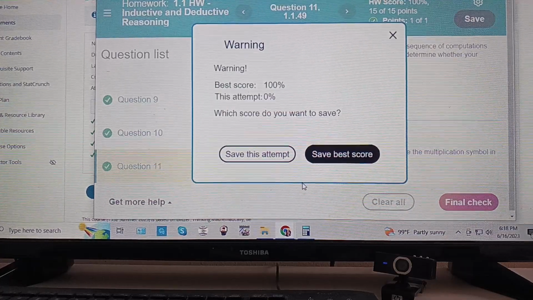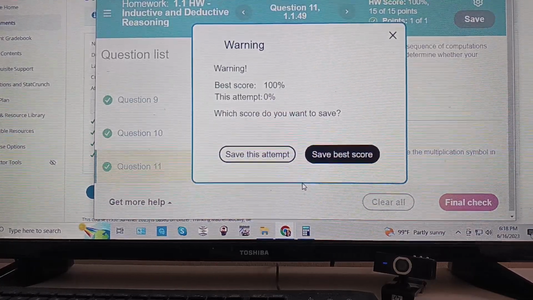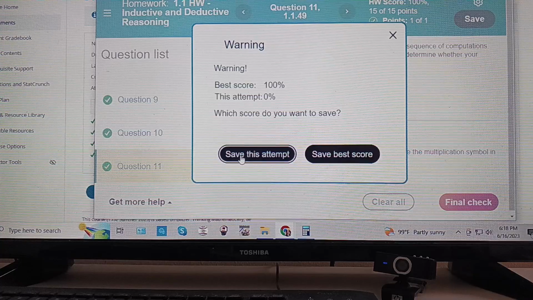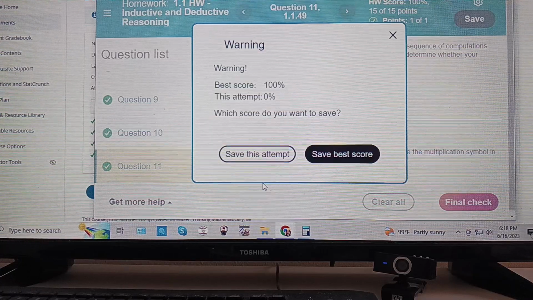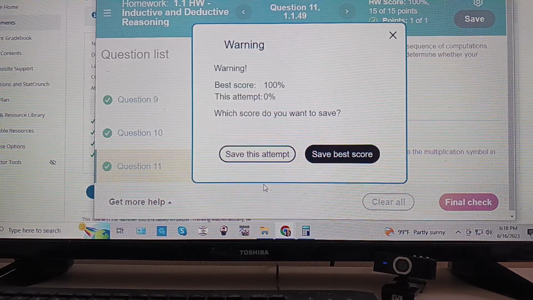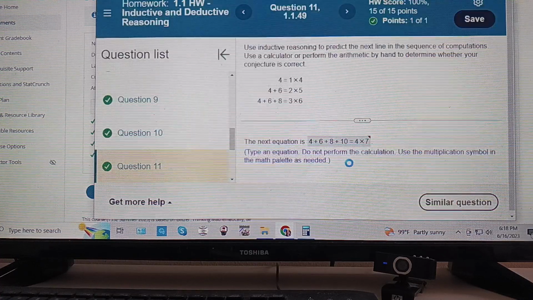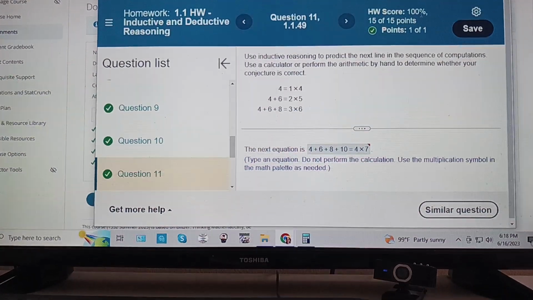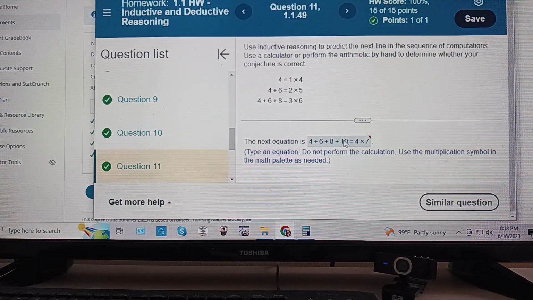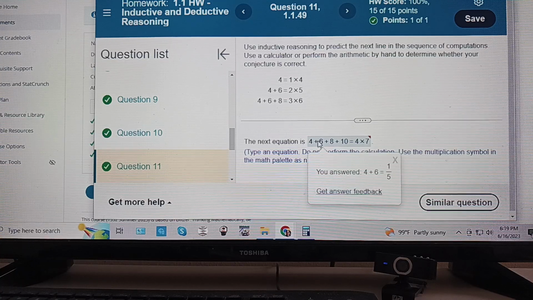But since I previously got it right and now I got it wrong the second time, you can either save this attempt, punish yourself and lose your points and try again, or notice the default is save best score. If you save best score, you don't lose your points. I still have 100% on this assignment, and I did get this attempt wrong. Now if you click the answer box, it shows the right answer here. If you click it, it shows what I answered.